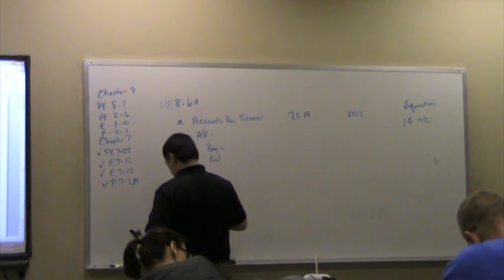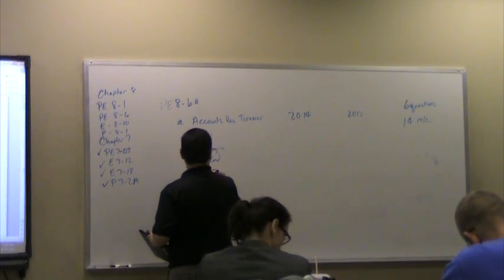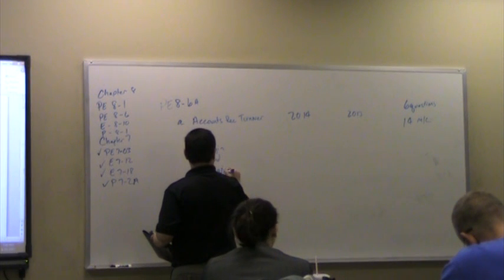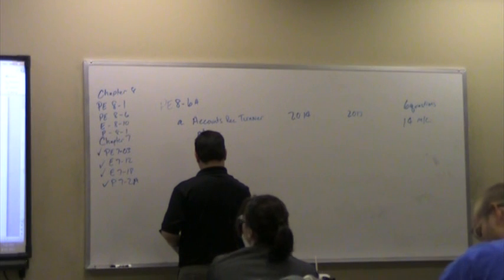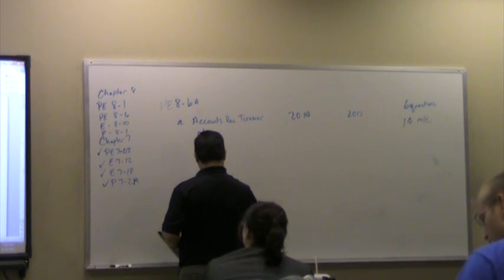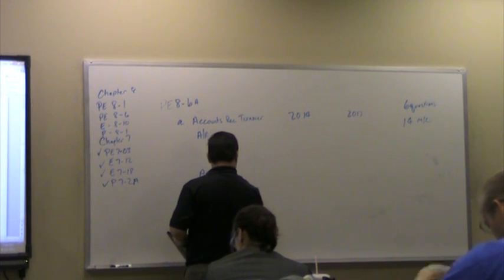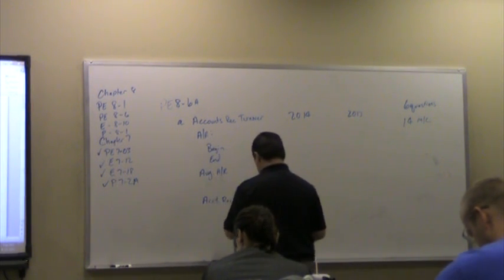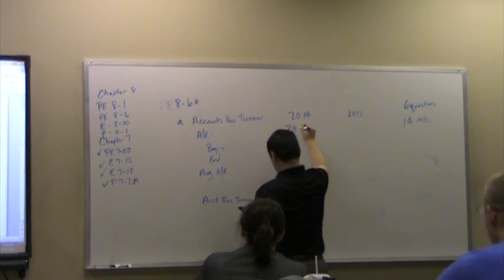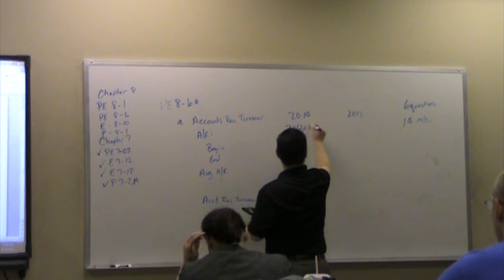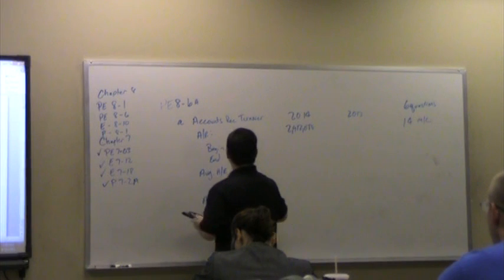I'm kind of writing it out like they have there. All right, so our net sales equals 2,512,000.